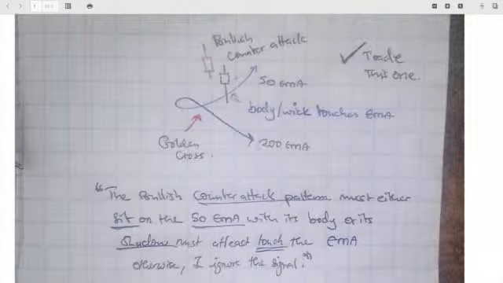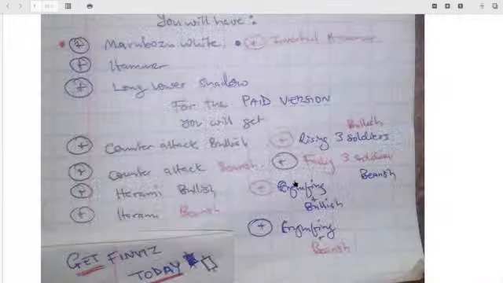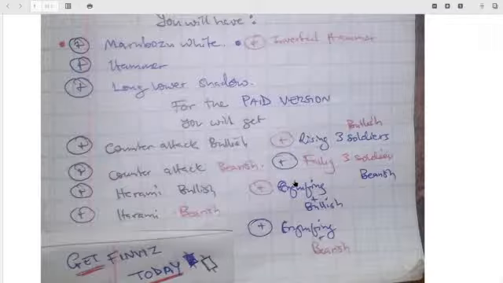But remember, this strategy is specifically for Finviz. I have not gotten to TradingView whatsoever. If you get Finviz, these are the candlestick chart patterns you will find: the counter attack bullish, counter attack bearish, the rising three soldiers, the falling three soldiers, bullish Harami, bearish Harami.